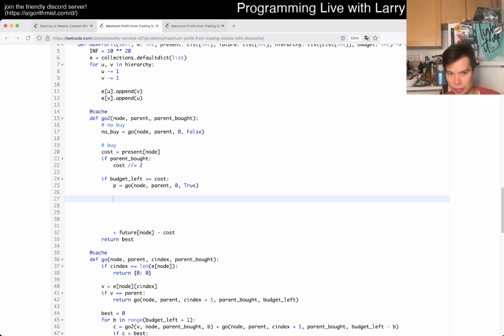With, what does that look like? So basically all of the budget and profit, right? So then we want to add this thing to it, which is the budget is cost, this is the profit, right?